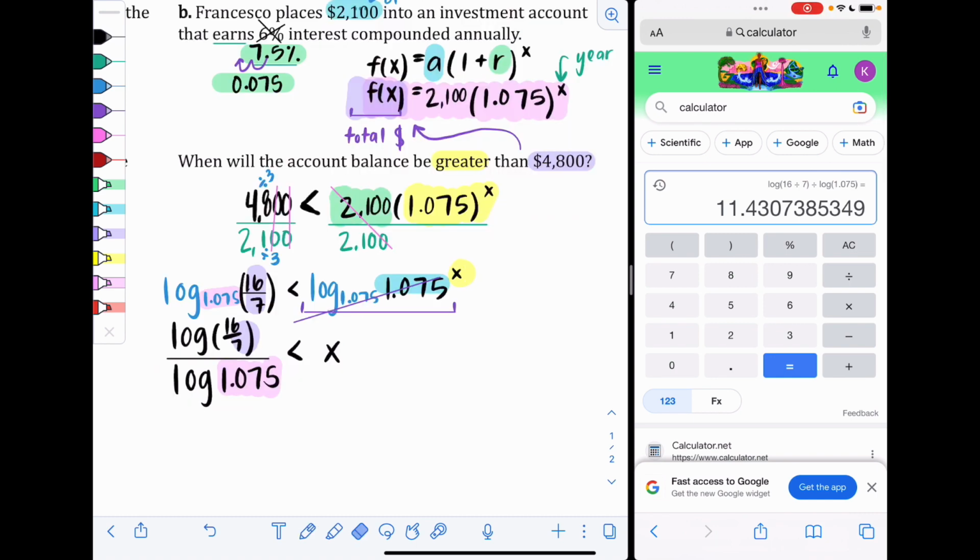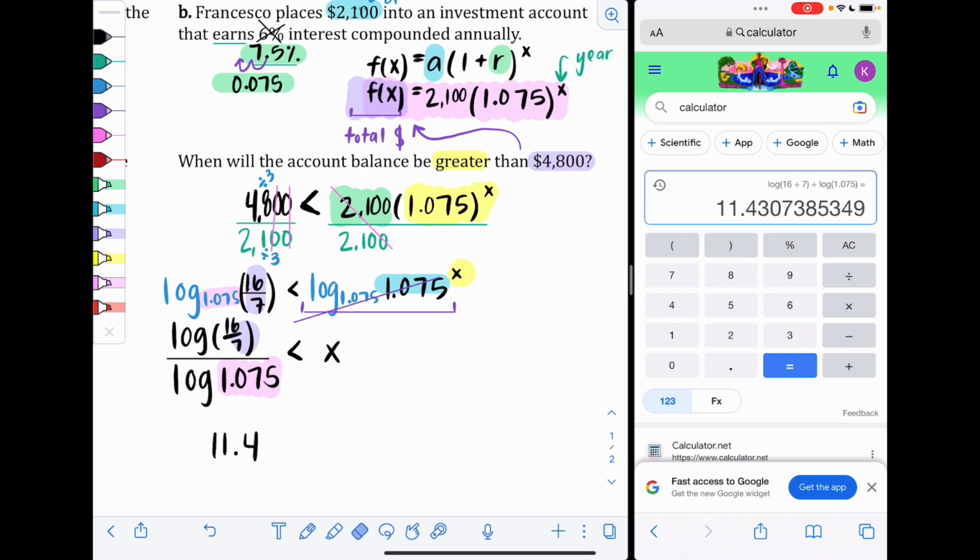The last tricky thing about this problem is that yes, it's about 11.4, but because it says 11.43, normally a 3 would not round the 4 up. But if I just put 11.4, he's not going to quite be up to $4,800 yet, so it's one of those problems where we just have to round up naturally.